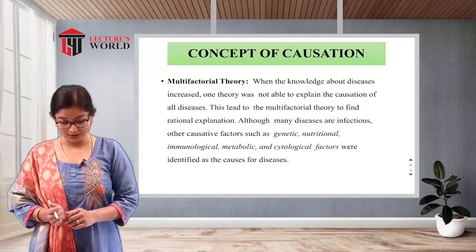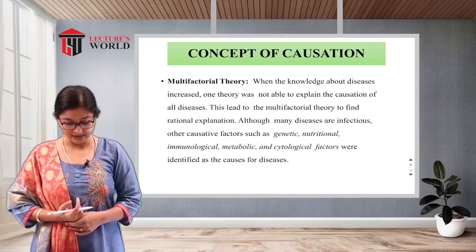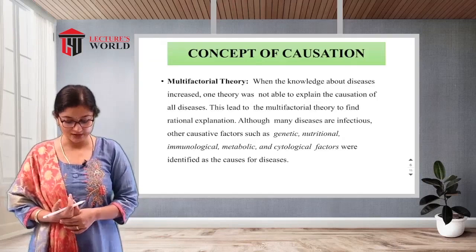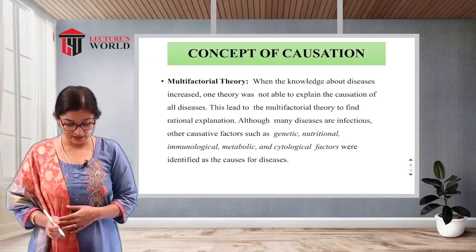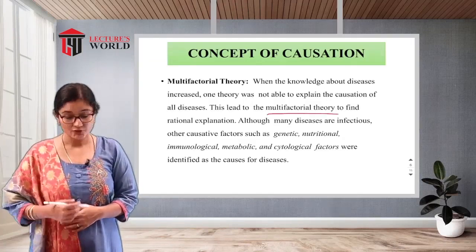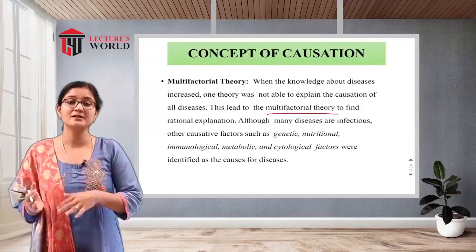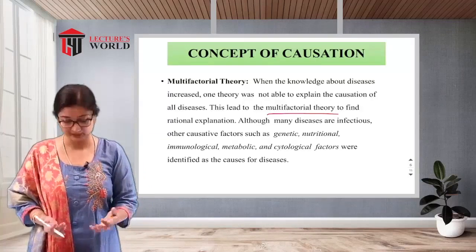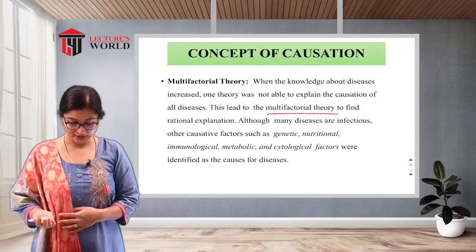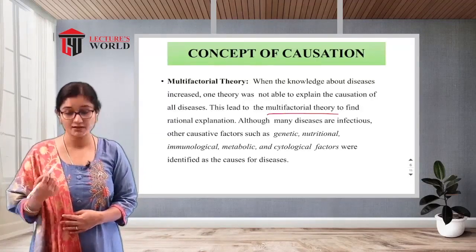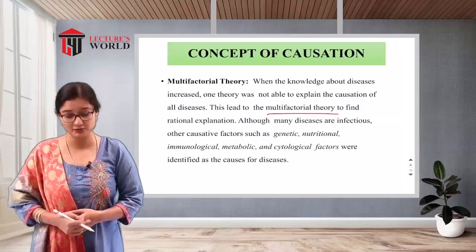That is right. Okay, so when knowledge about disease increased, one theory was not able to explain the causation of all disease. So this led to the multifactorial theory, to find the proper reason why the person is suffering with a disease. Although many diseases are infectious, what are the different other causative factors which were found out?